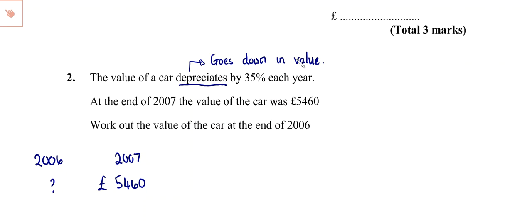Now, depreciation. We've got to work out, so multiplying by 0.35 finds 35%. But I don't want to do that. I could do it in this way because there's only one step.